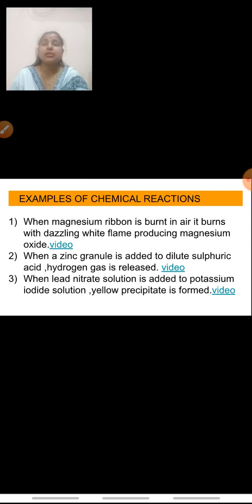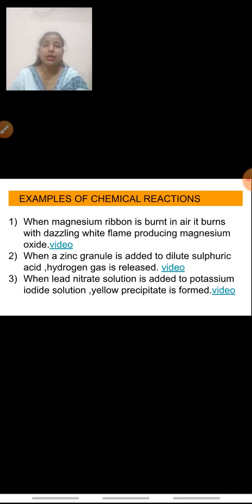Now children, generally when a chemical change takes place, or you can say when a chemical reaction takes place, then many things can be observed. Like in the first example of a chemical reaction, you all see that when a magnesium ribbon is burned, a gas is released.